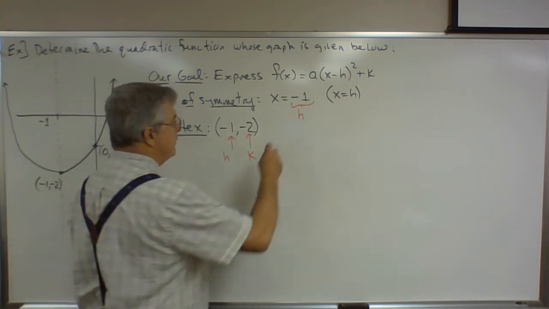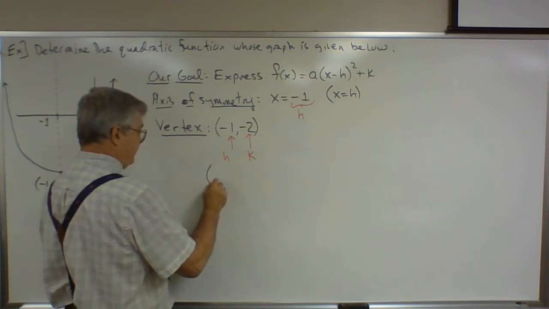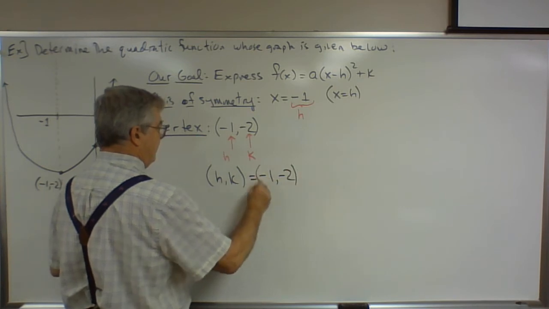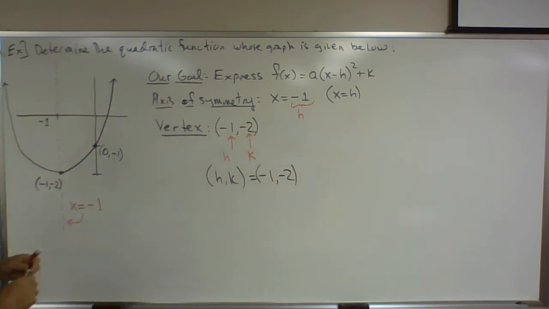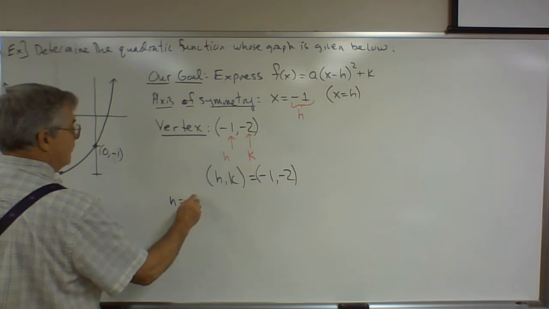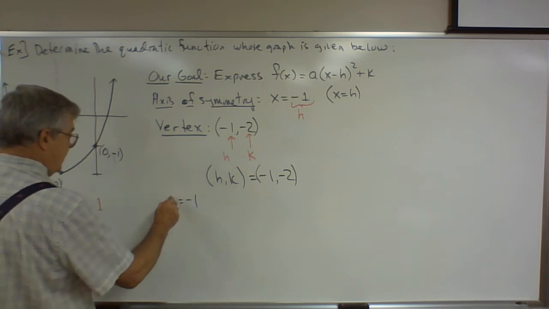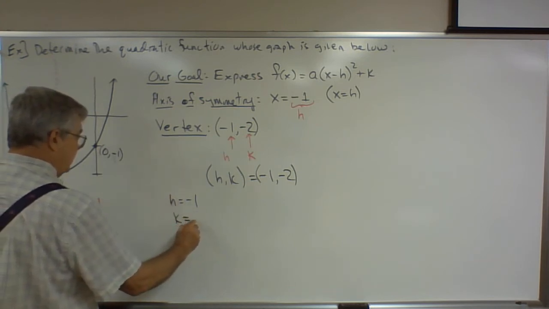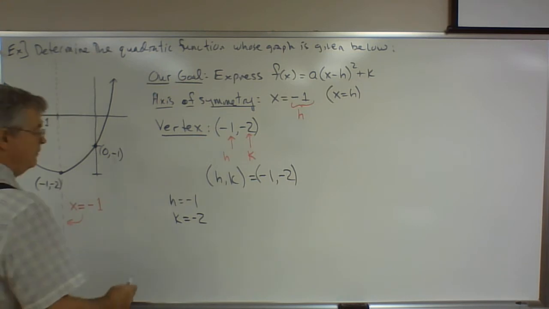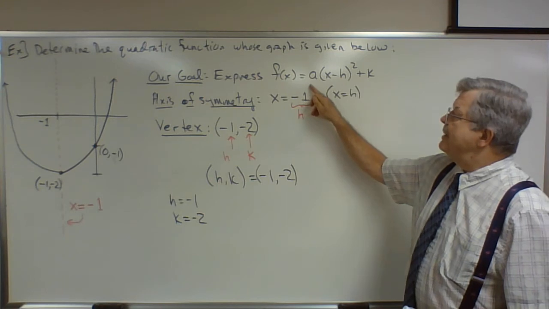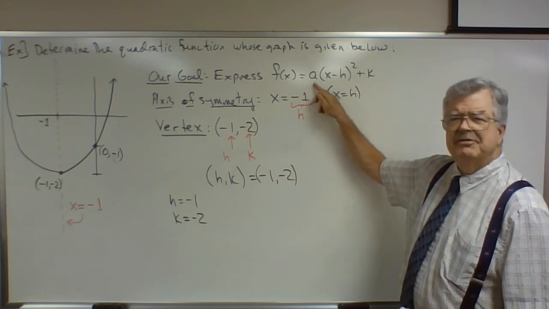So maybe I could have written it this way. So we know h and we know k. h equals -1. k equals -2. The only thing that we need to know about our function that we don't already know is a.